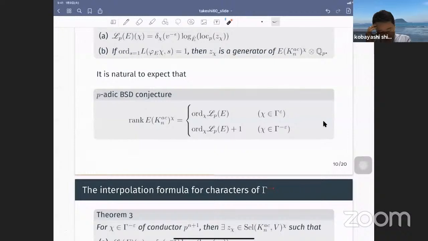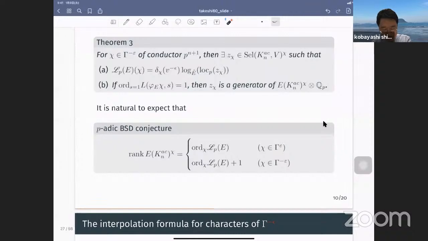Actually, there is no canonical way to construct the rational point corresponding to this one. Of course, the candidate is constructed p-adically. But as a true global object, we use auxiliary Heegner points. So there is no canonical rational point.